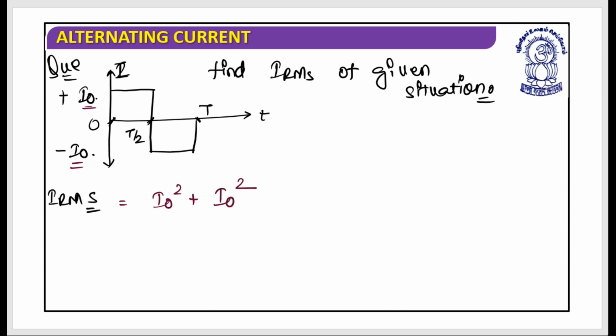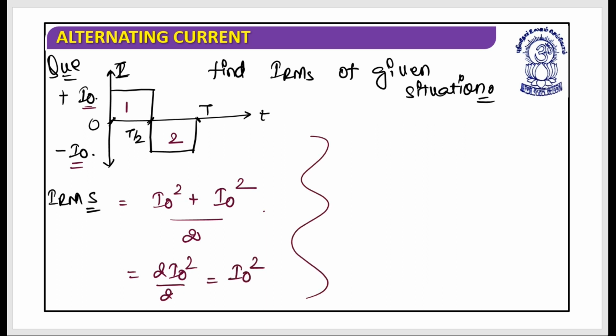Then I need to take an average of it. This is the first segment, this is the second segment, this is 2. So this is 2 I naught square divided by 2, which is equals to I naught square. And last but not least, I need to find the root of this. IRMS would be equal to the root of I naught square, which will be I naught.